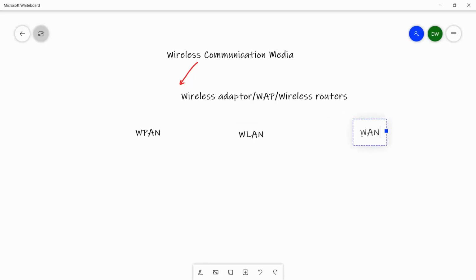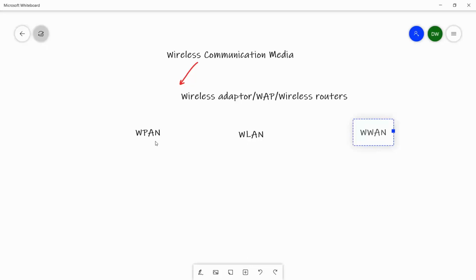And when it comes to WAN, wide area network, we can put another W here, then it will become wireless wide area network. So your WAN, LAN and PAN networks become wireless networks when you put W in front of those words, right? So those are the terms which we use when we refer to wireless network connections, right?